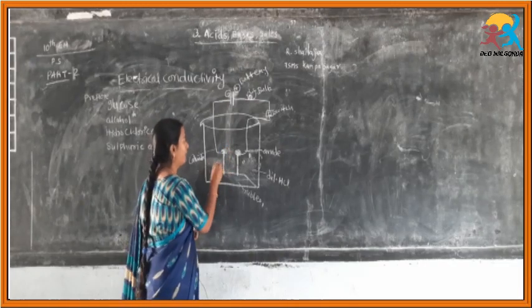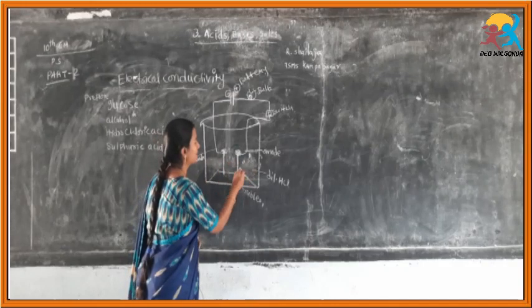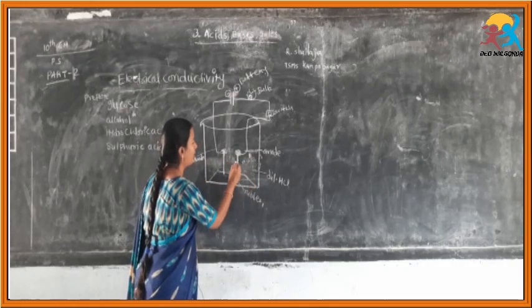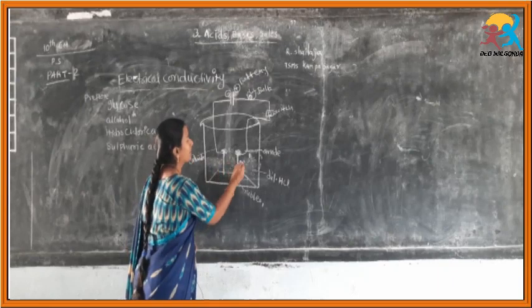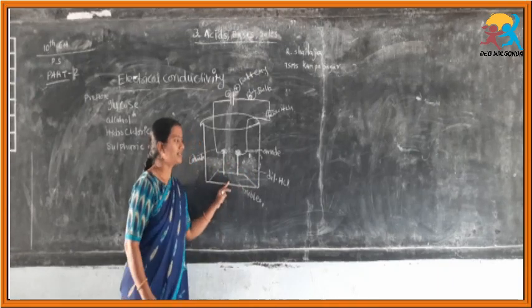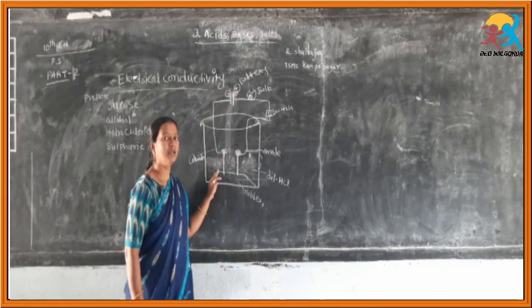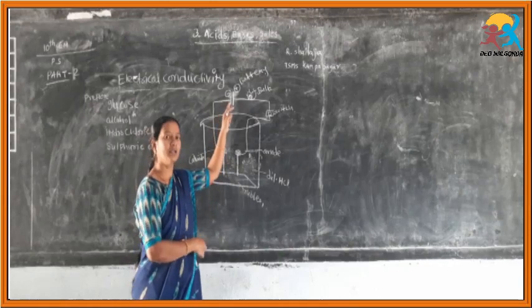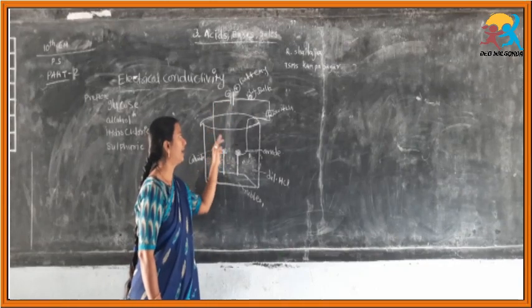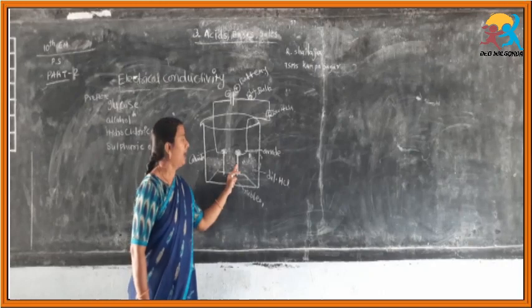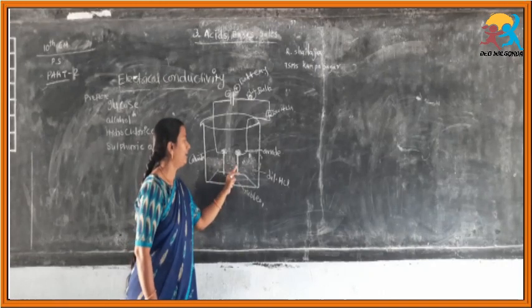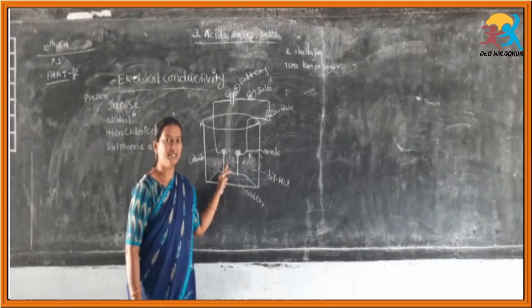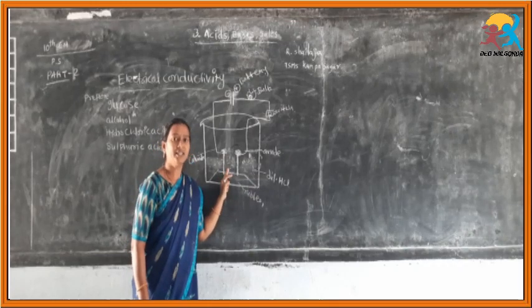So what if you place a solution in this beaker, for example dilute HCl solution? What happens in the dilute HCl solution? The battery is on, the electricity passes through the wires and reaches the iron rods, and in the middle there is dilute HCl.